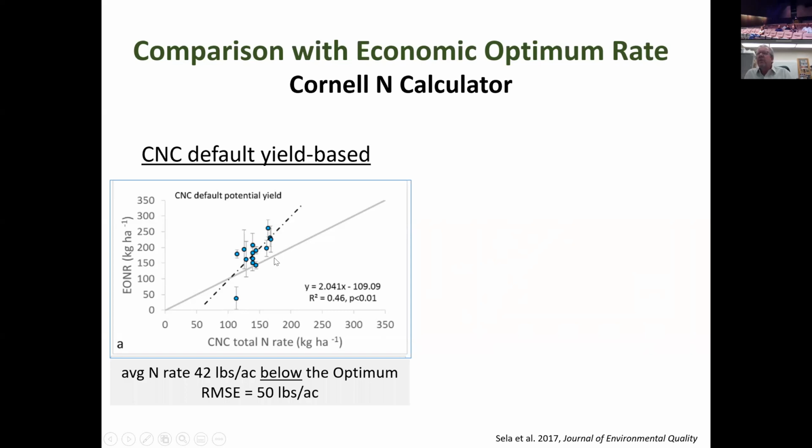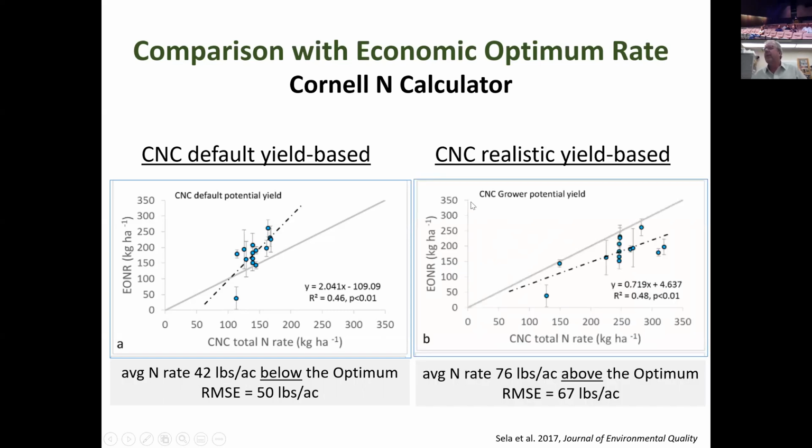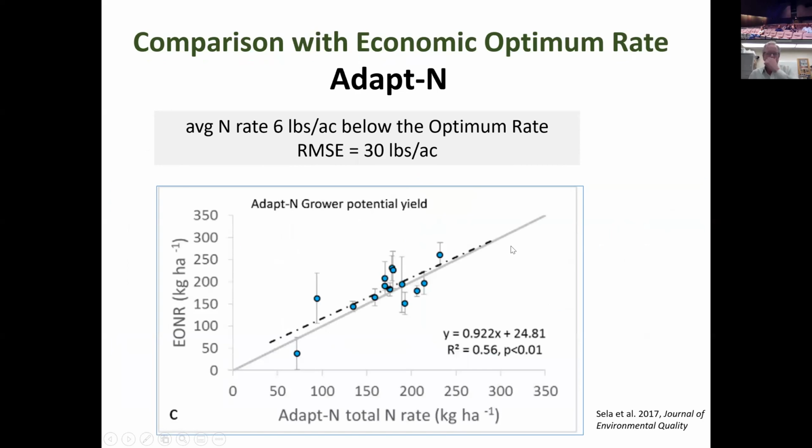It underestimated by about 42 pounds. If you use the realistic yield-based approach with the Corn N calculator, you then overestimate the amount of nitrogen that's needed by a considerable amount, 36 pounds per acre. So that's one of the challenges with the Corn N calculator.